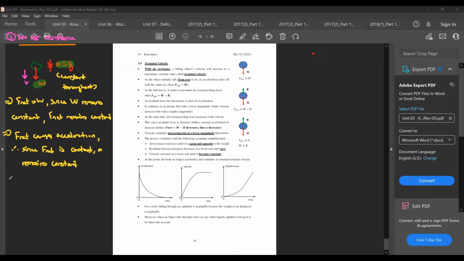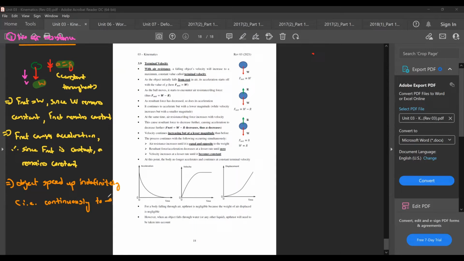So when you have no air resistance and you just drop the object, it will actually speed up indefinitely, or rather you can just think of it as continuously to infinity.